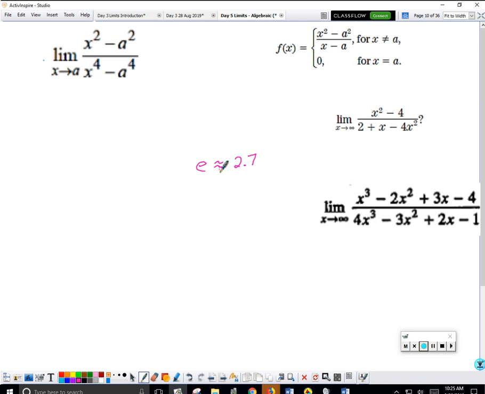They got tired of writing 2.7, so they write e. So it would just be 2.7 to a power. It's going to behave, honestly, a lot like 3 to a power. It's close to 3. So if that helps, just think of it as 3 to a power. Write this one down. You'll need this for your notes.